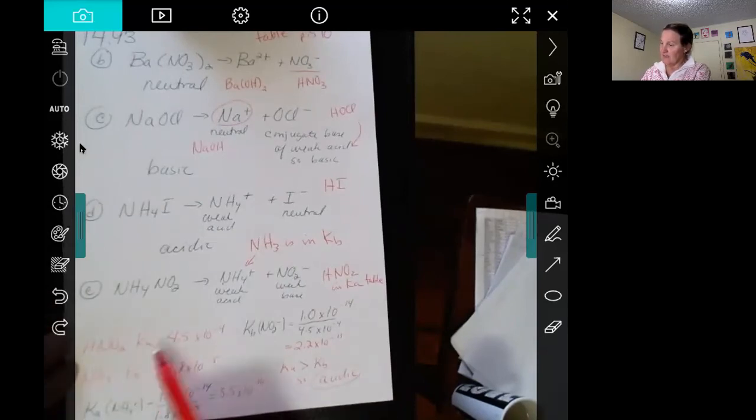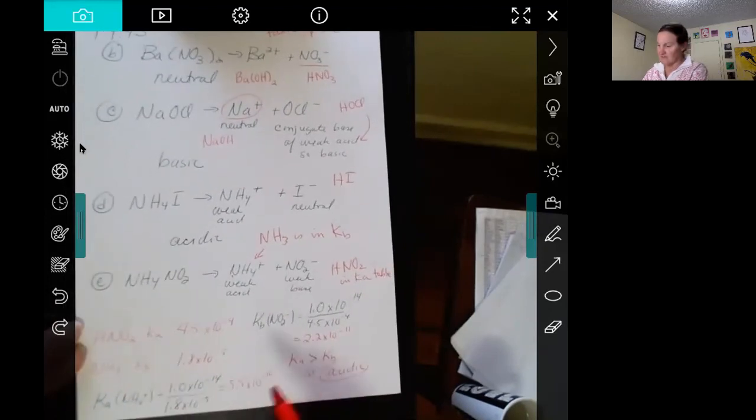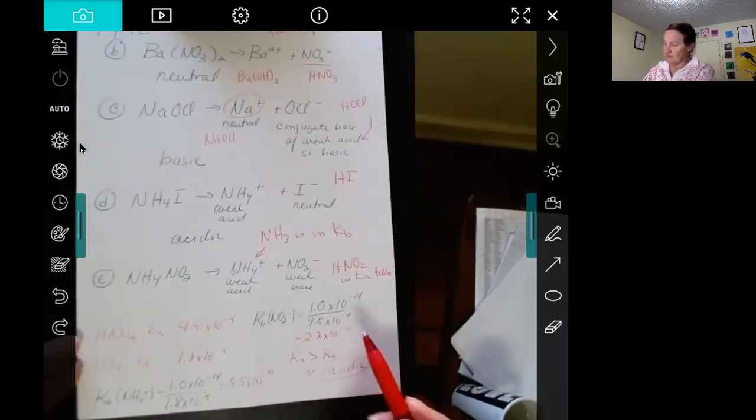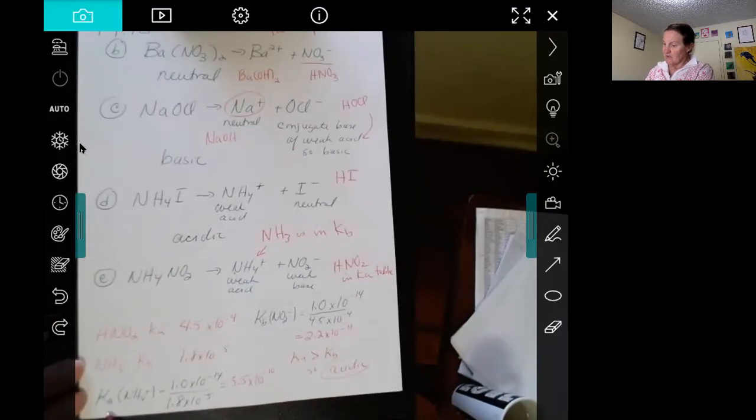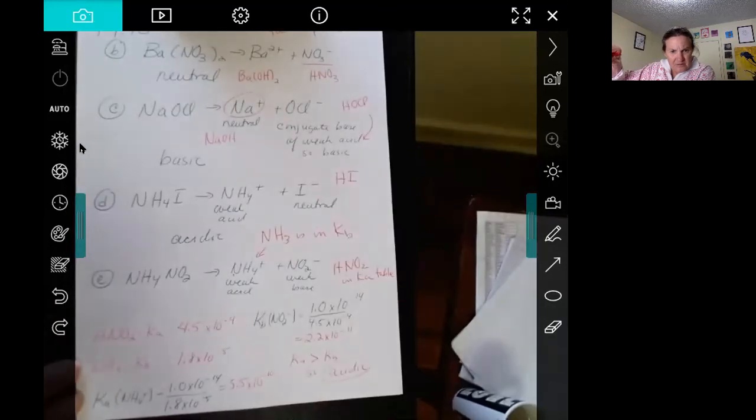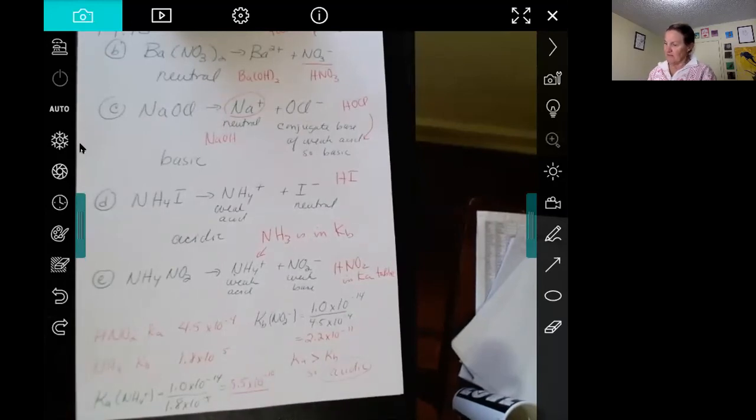We have the Ka for the one that's a base and the Kb for the one that's an acid. So we have to take each of those and we have to calculate the opposite. So if I want the Ka for NH4+, it's going to be Kw over the Kb for NH3. So it gives me a Ka of 5.5 times 10 to the minus 10.